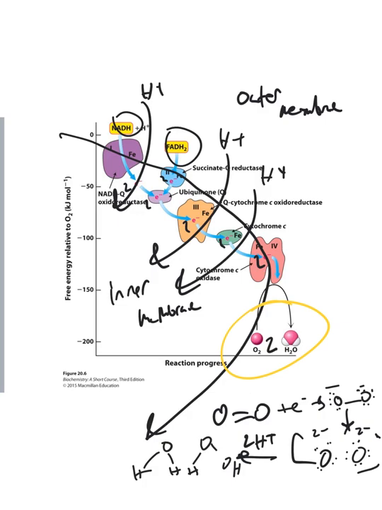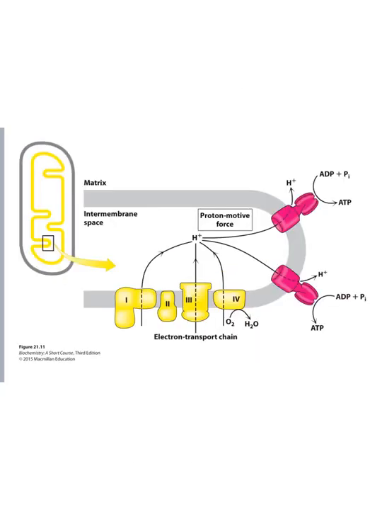From here, if we look at the whole diagram, this is something that you can actually see diagramming the process. So you're gaining an H plus at each of these steps, and we're starting to build up a ton of this H plus in our inner membrane.